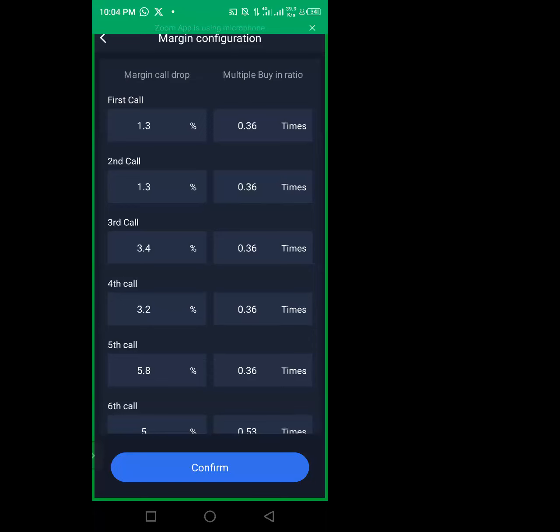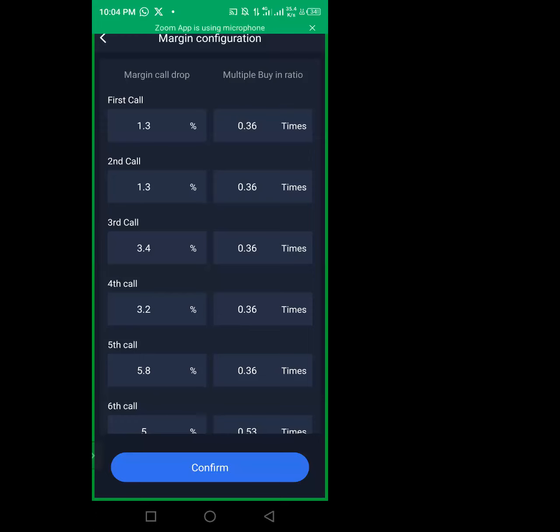This drop percentage, which is 1.3. Let me explain. When you start the trade, on the first call, you are telling the robot that if that coin drops 1.3% from your entry price, you should buy $13. That's the first call.